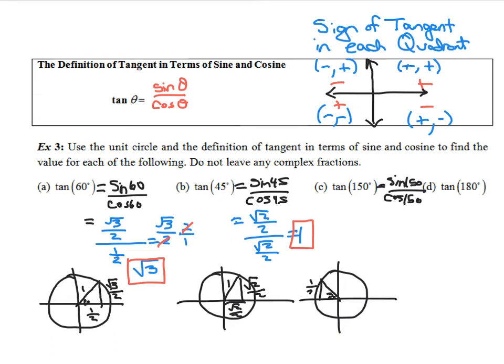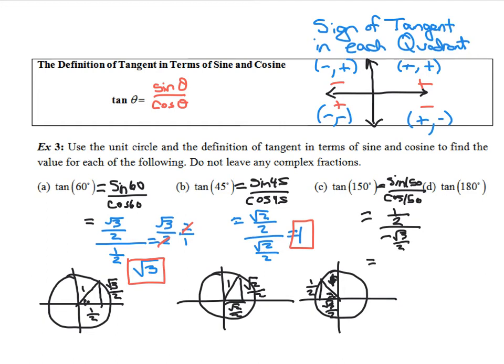Across from the 30 is 1/2. Across from the 60 is, that one should be my hypotenuse of 1. So down here I should have radical 3 over 2. So the sine of 150 should be the y-coordinate, 1/2, divided by the cosine of 150, well, that's going to be my negative radical 3 over 2.